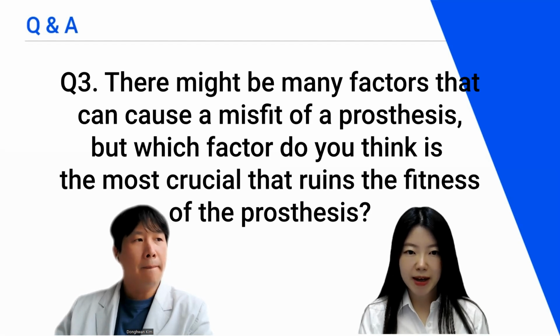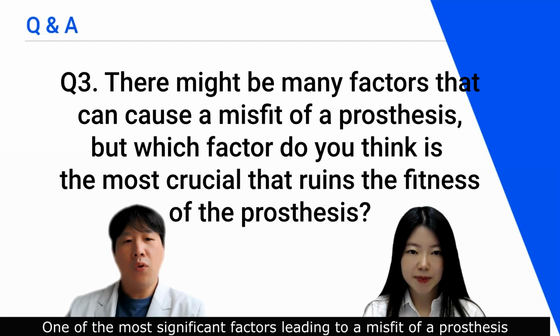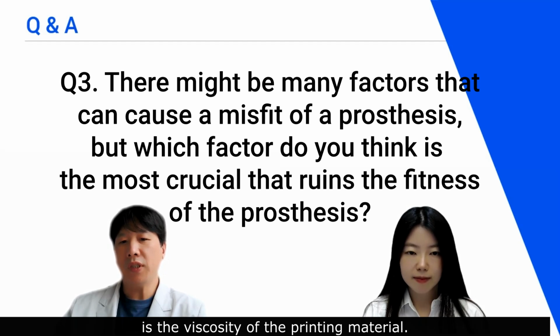Okay, question number 3. There might be many factors that can cause a misfit of a prosthesis, but which factor do you think is the most crucial that ruins the fitness of the prosthesis? One of the most significant factors leading to a misfit of a prosthesis is the viscosity of the printing material.